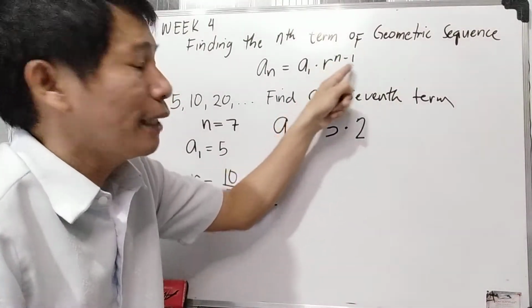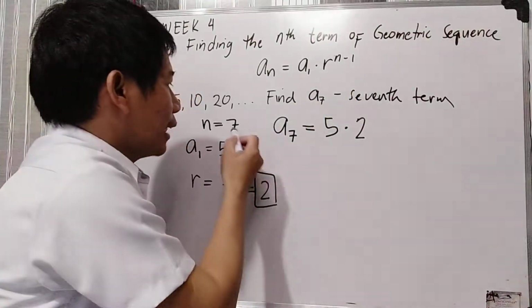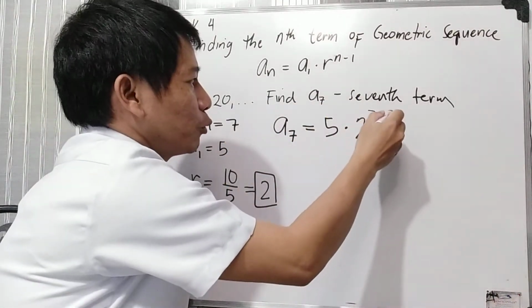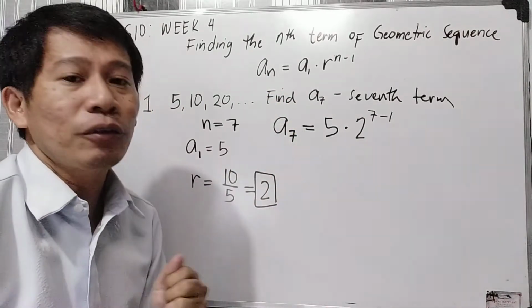Remember, this n minus 1 is the exponent. Our n is 7, so 7 minus 1. We have now replaced the values in our formula.